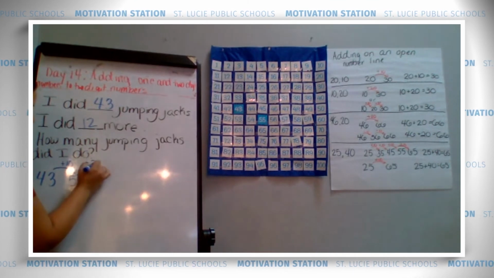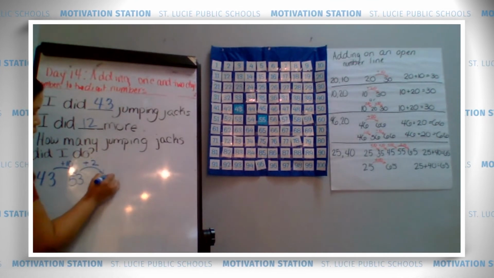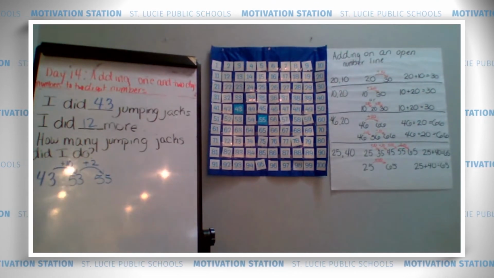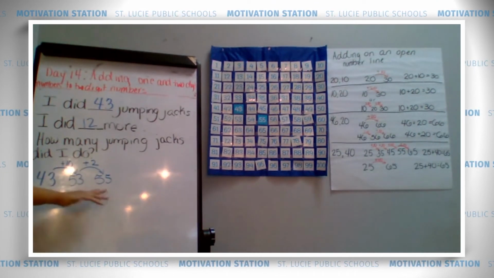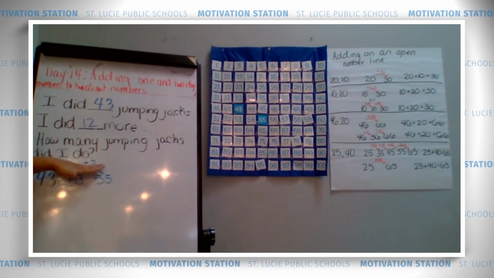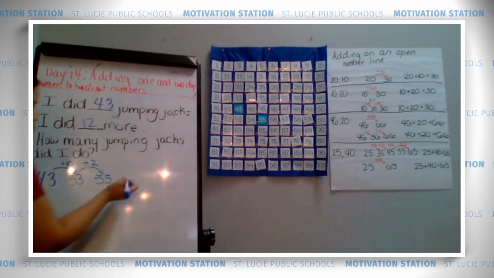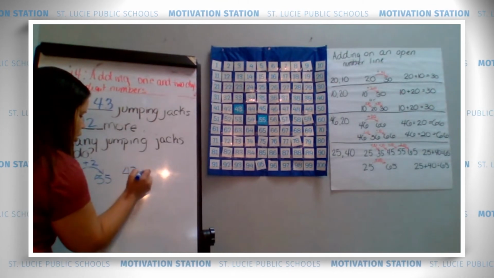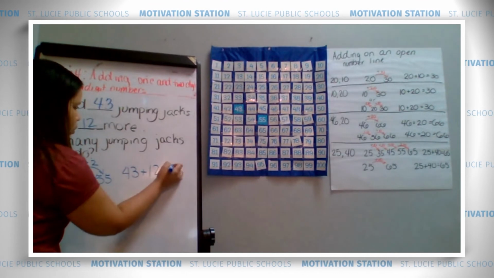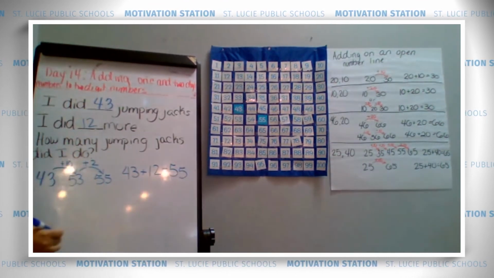Plus, now we added 2. It's 55. So one 10 and 2 ones is now 55, or is 12. So 43 plus 10 equals 53, plus 2 ones is 55. Our addition equation is 43 plus 12 equals 55.